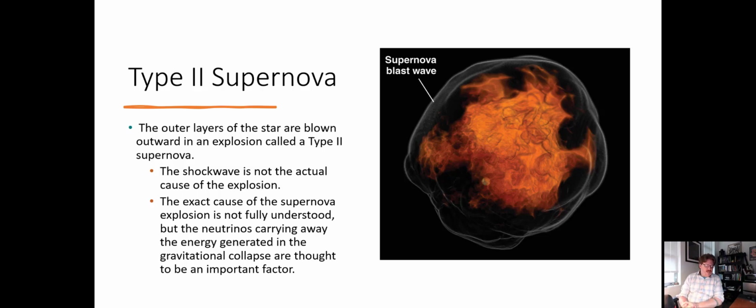We suspect that neutrinos play a large factor in this, in that they carry a lot of energy, which was formed due to the electrons slamming into the protons, and that energy gets dispersed outward and carries material with it.